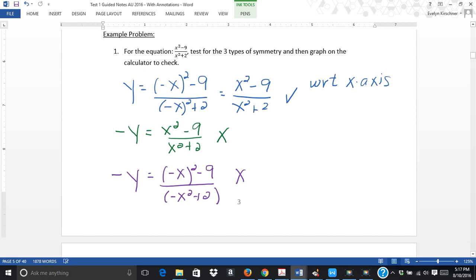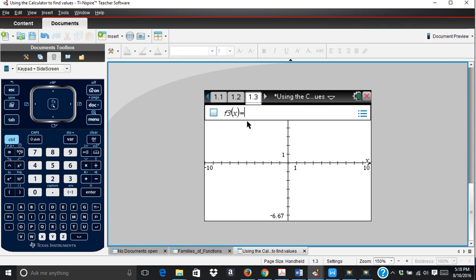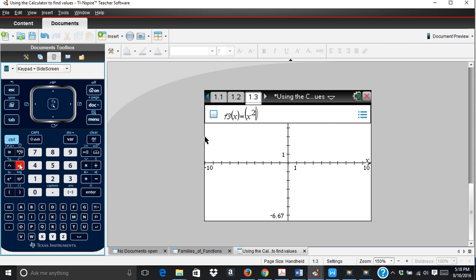Okay, the last thing it says is let's look on a calculator to see if we can check it. So we're going to go to the calculator. I'm going to put this equation on the calculator and see what it looks like. I put in parentheses, and then I want x squared minus 9.